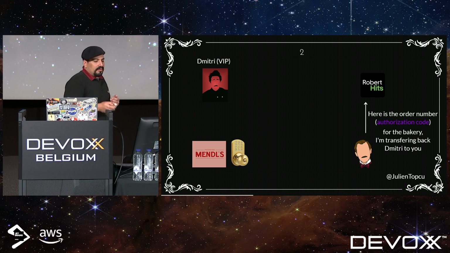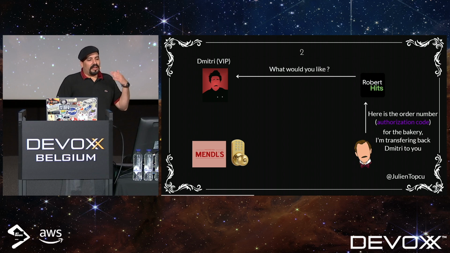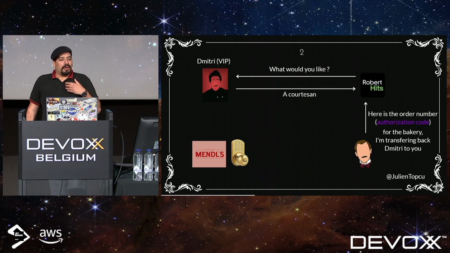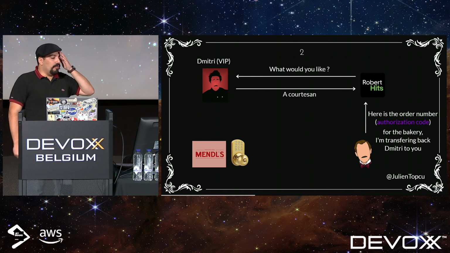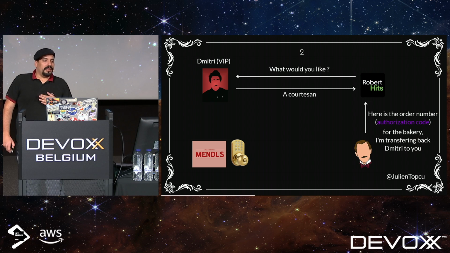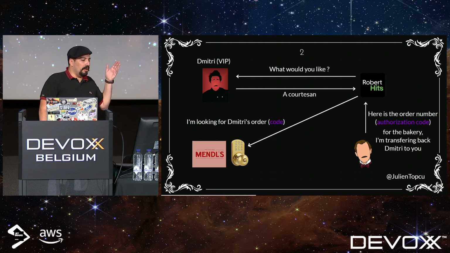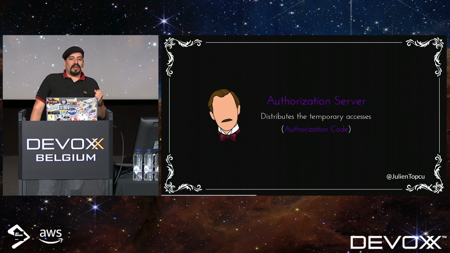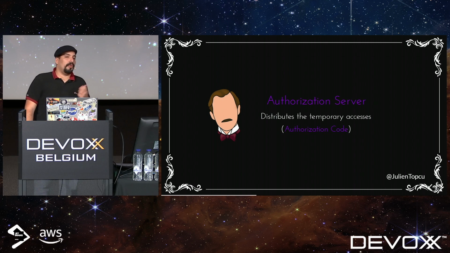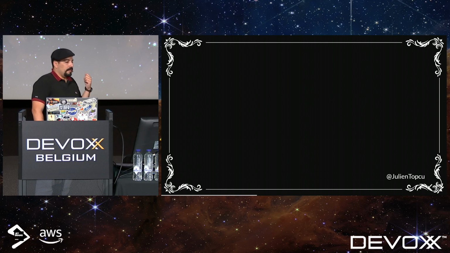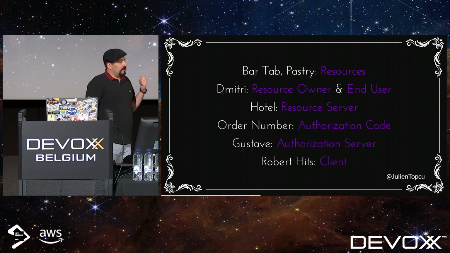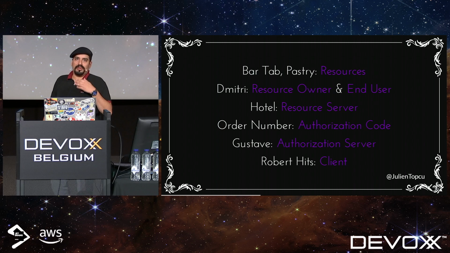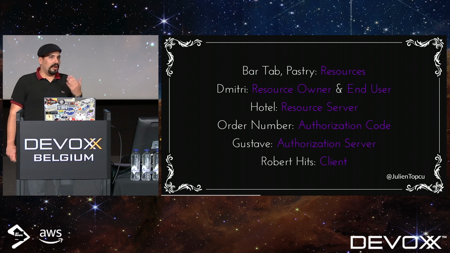So after that, Robert Hitz can just call Dimitri, asking him what he would like, a courtesan, which is the name of the pastry, and with the authorization code, the order number, Robert Hitz can send a delivery man to open that door and be able to get the pastry. So here, one of Gustave's roles as an authorization server is to distribute the temporary accesses.